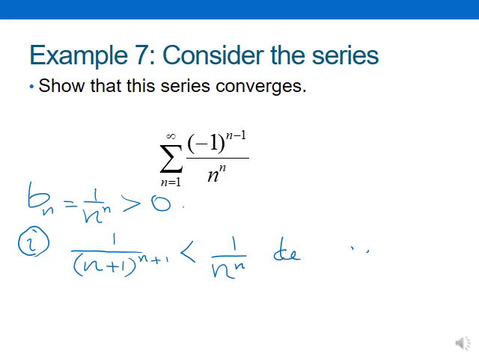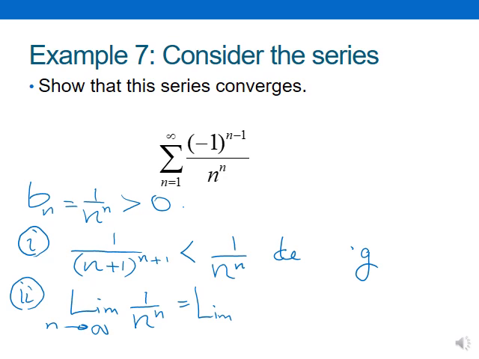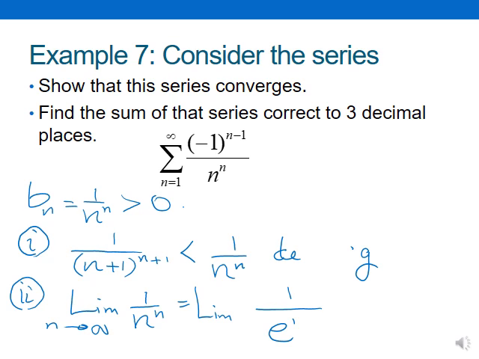Second, we must check the limiting value of the nth term, 1 over n to the power n, as n tends to infinity. Now I have a power which is a function of n also. It is better to write it in exponential form, 1 over e to the power n ln n, to be able to apply the limits.